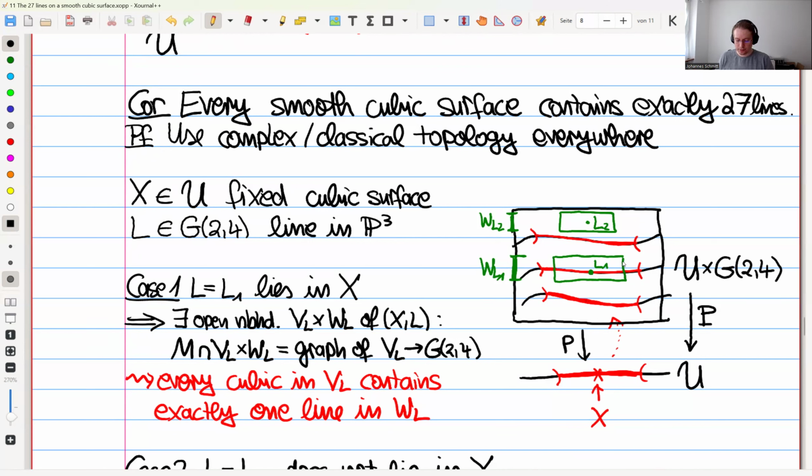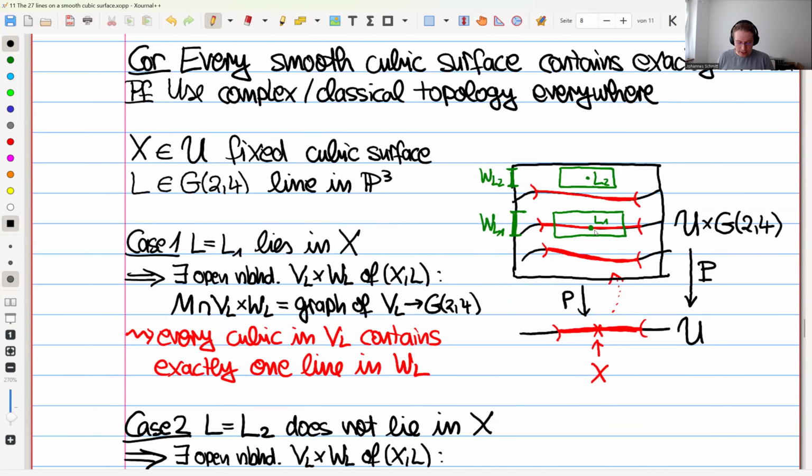So at least on this small product, everything downstairs has exactly one line there. So this is the interesting case, if the line is contained in the cubic surface.